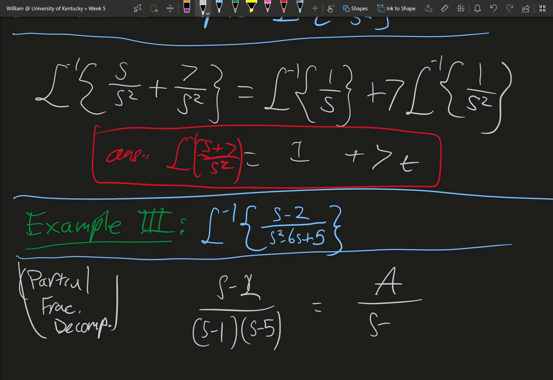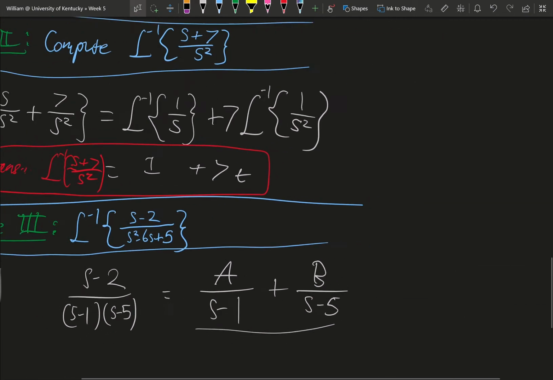And we could compute the inverse Laplace transform of some constant over s − 1, and similarly for some constant over s − 5. And so our goal is we want to rewrite this as something like this.